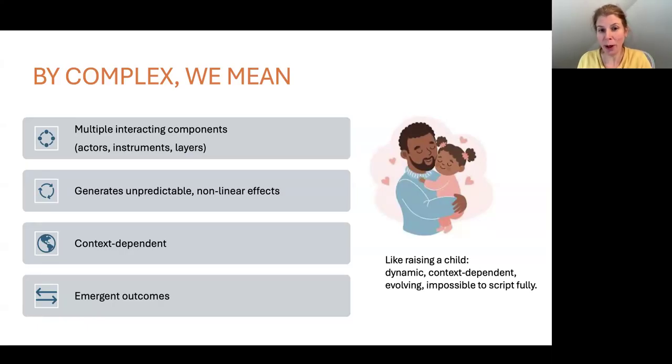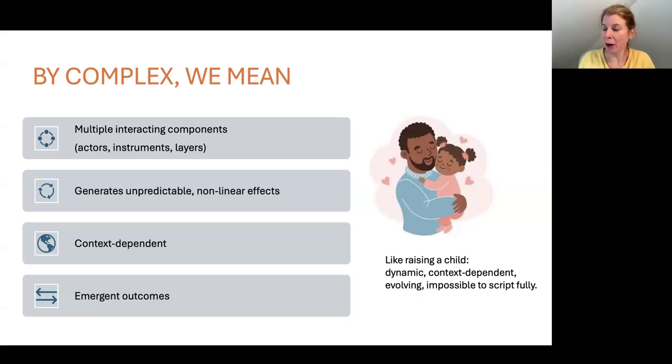So a nutrition program, for example, that works in one state may not work in the same way in another state because of cultural, political, institutional differences. And these interventions, if they're complex, tend to be very context dependent, because again, whether they're activated or not can depend on institutional political support.